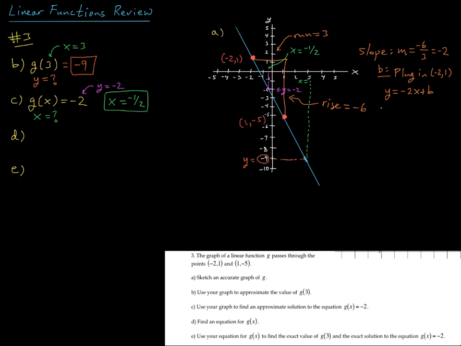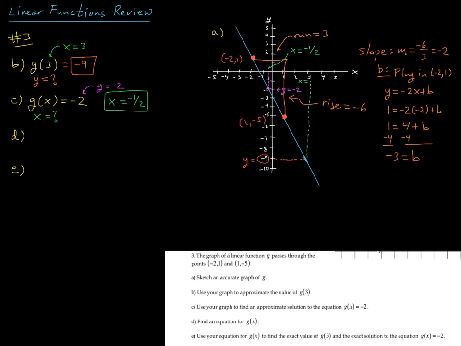So I'm going to set y to 1 and x to -2. And -2 times -2 is a +4. And now subtracting 4, I see that, yes, in fact, b is -3. So the picture is not deceiving us there.